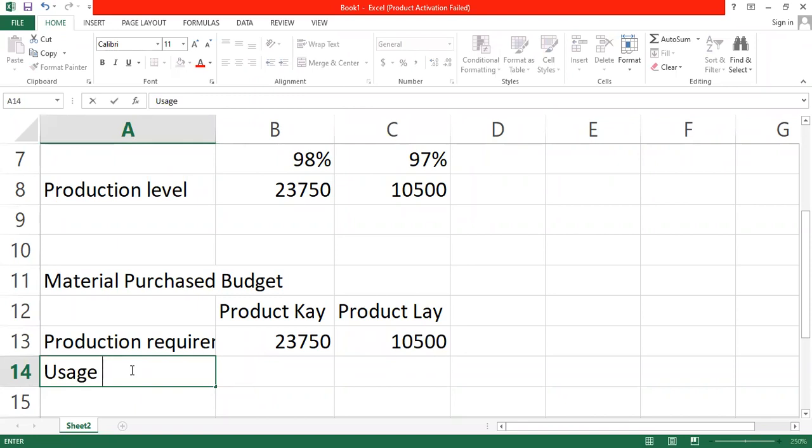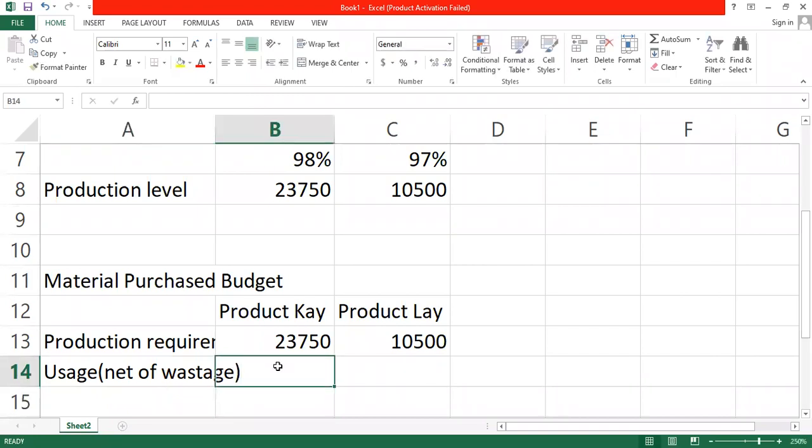Net of wastage. Okay, so 2 kg for A, isn't it?